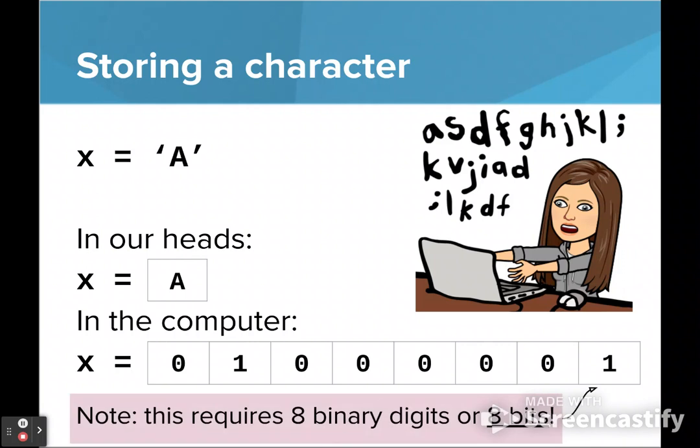That alone is requiring 8 binary digits. There's 8 numbers there that are representing the letter A. So that's really 8 bits to represent that one single character on the computer. So we think we're typing in that one simple character. We're really hitting something and it's taking up 8 bits on the computer.